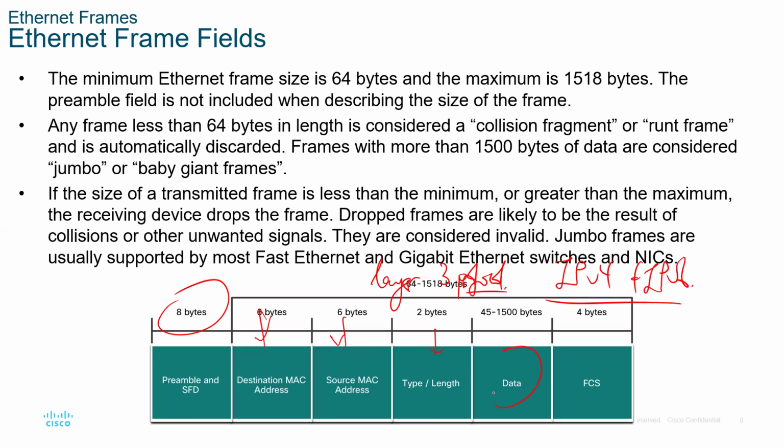Then here we have the data, which is encapsulated from the upper layers, and inclusive to that is our message. Then the FCS, which is used for error detection. We call that the frame check sequence field, used to detect errors in the frame.